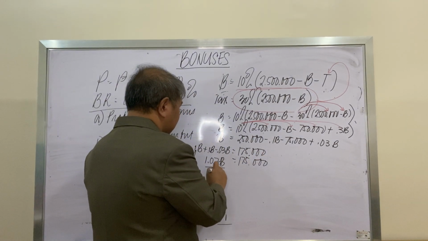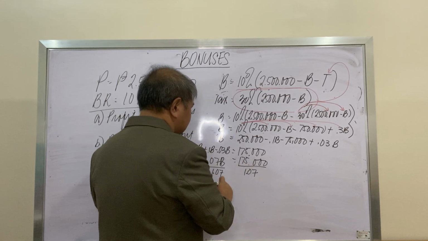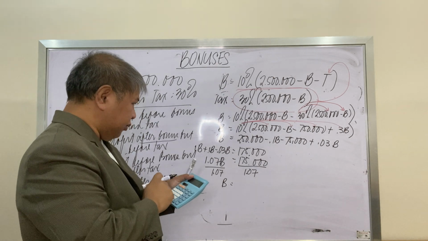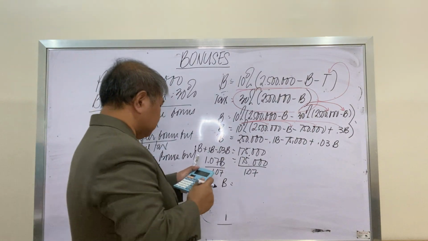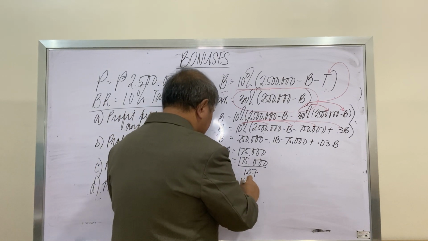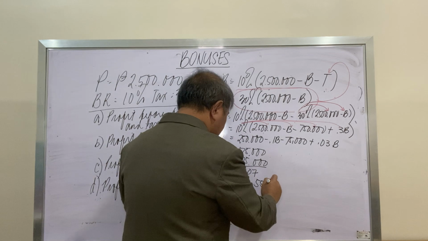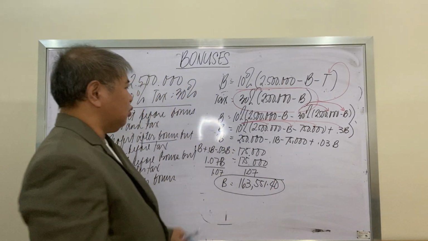So divide this by 1.07 and this side also by 1.07. So your bonus would be equal to how much? 175,000 divided by 1.07. So that would be 163,551.40. So this is our bonus amount.